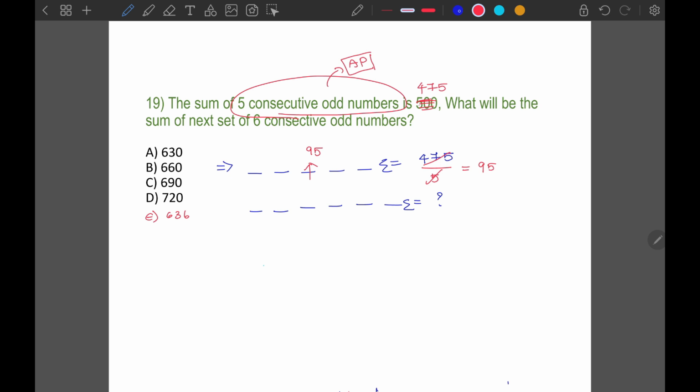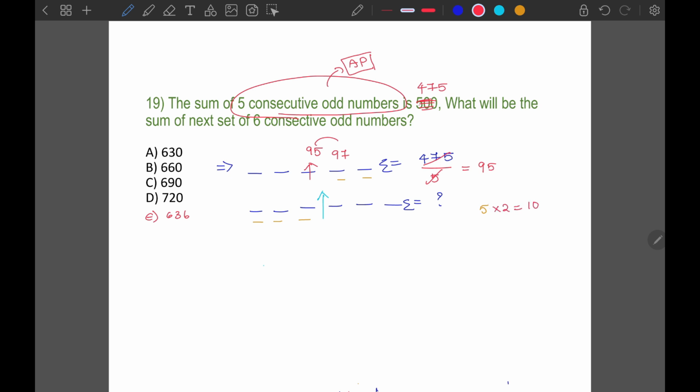What will be the mean pointer of the next 6 consecutive numbers? This is the mean pointer. So how many slots are there? 1, 2, 3, 4, 5 slots are there. What is the consecutive difference between the two numbers? It is 2. So 5 into 2 equal to 10.